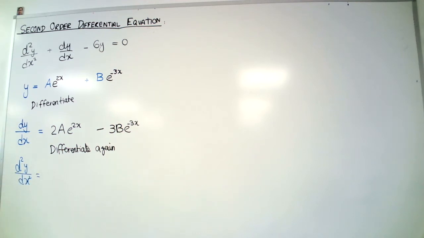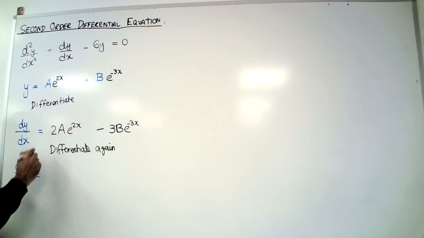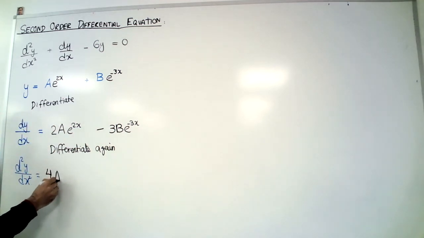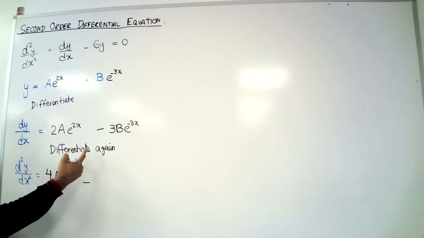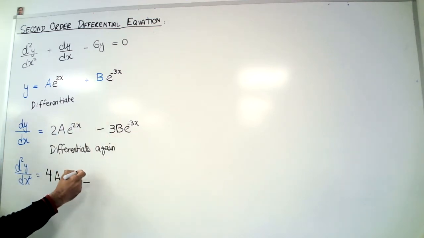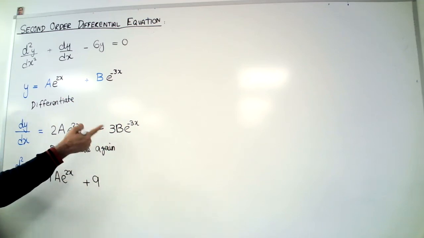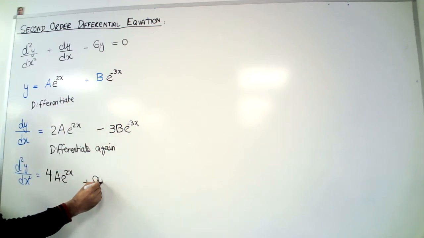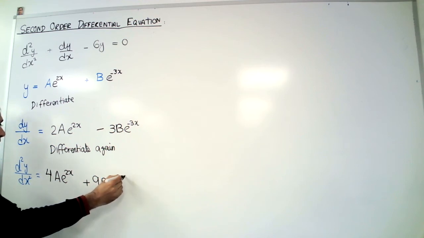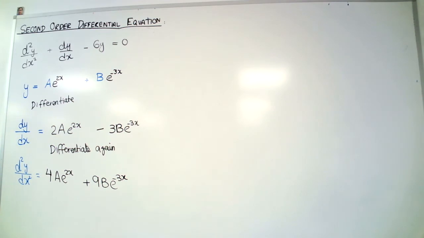And this one will become, another 2 comes out, 4A e to the 2x. Now this minus is already there. The other minus 3 will come out, so that becomes a positive 3. Positive 3, and then 3, that's 9. 9B e to the minus 3x. So I got that one.